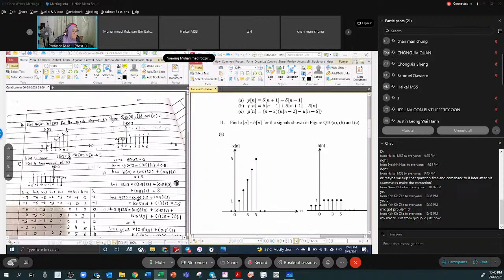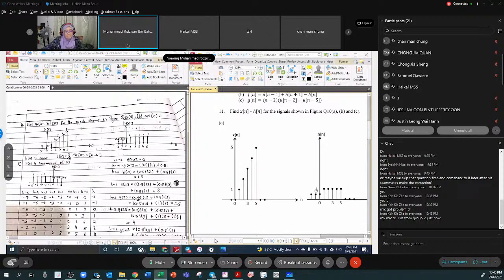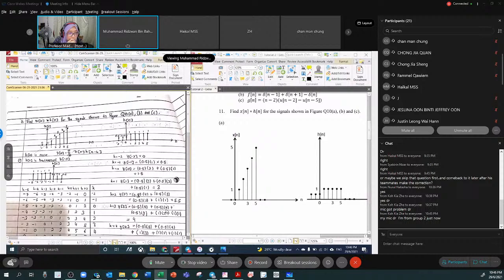Okay, so for question 11, the question is on the right side. So for the h n, the plotting of this is 1. So I assume this is 0.5. So for the ramp, 0 until 5. Okay, so here is the answer.